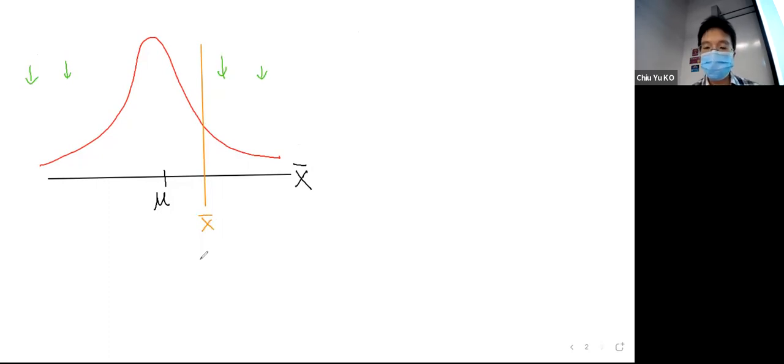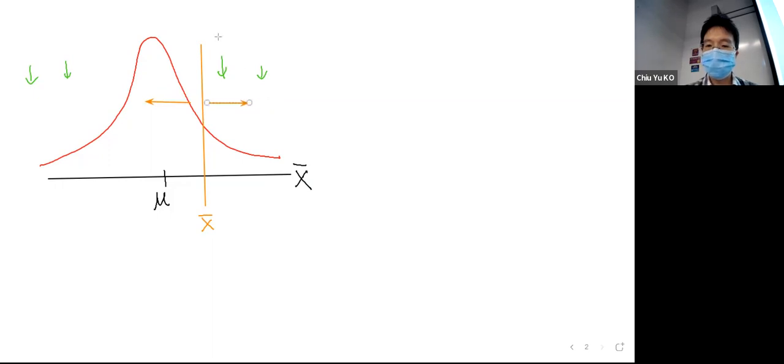And what we want to do is go left by m, and go right by m. Maybe not symmetric enough.